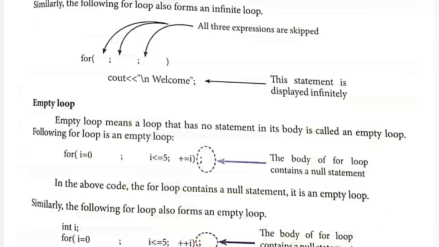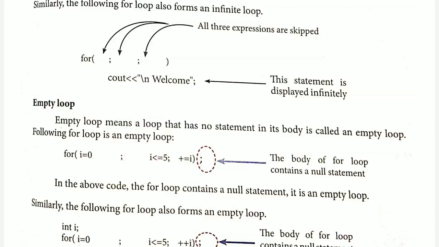Next is the empty loop. This means there is no statement in the body of the loop. Here you can see that it does not have any body of the loop, so this is known as an empty loop.